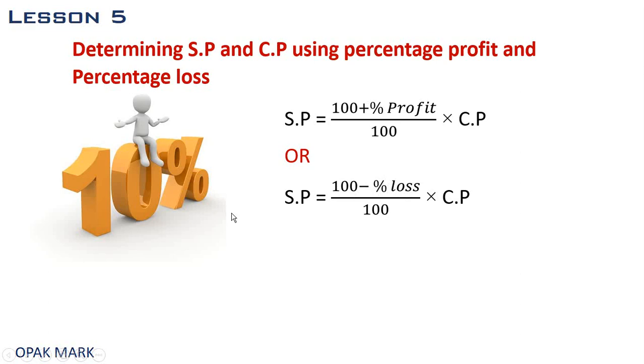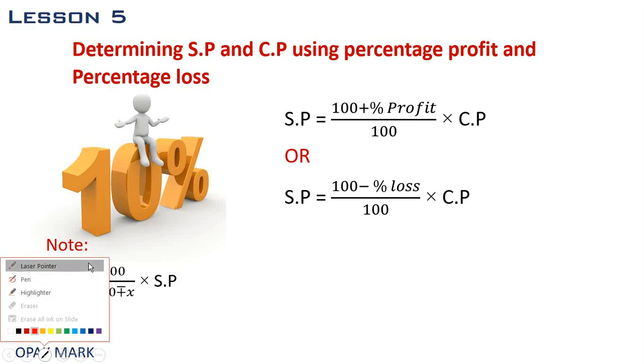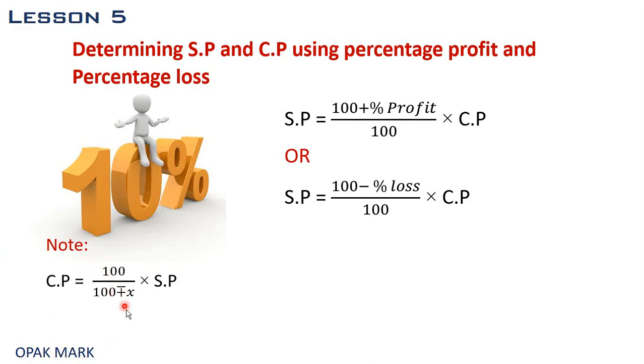Also, we have another formula that is using the cost price. The cost price is equal to 100 over (100 plus or minus x) times the selling price. You will notice that we are using plus or minus, so this will depend on whether it is profit or loss.